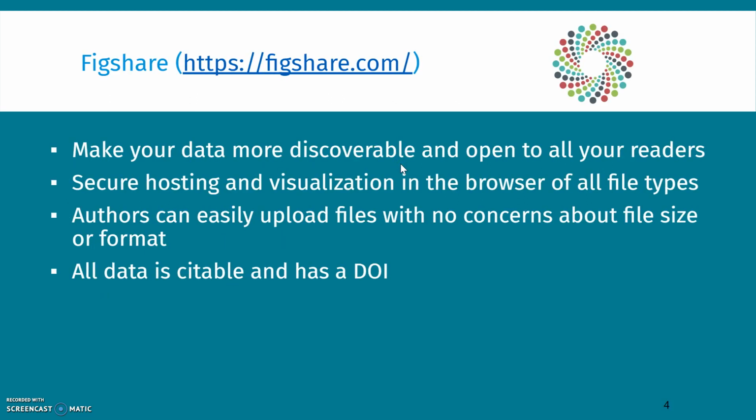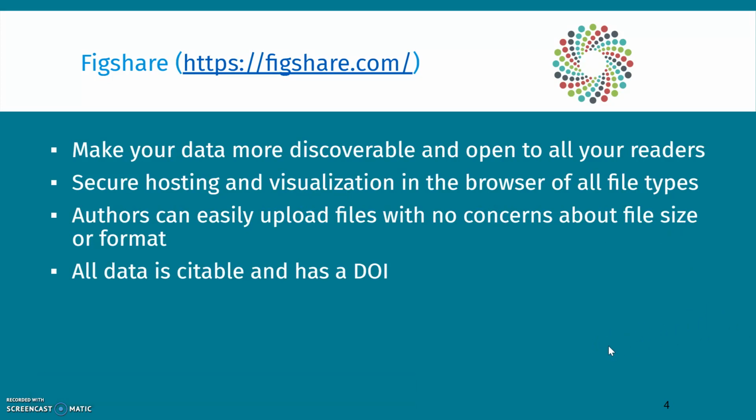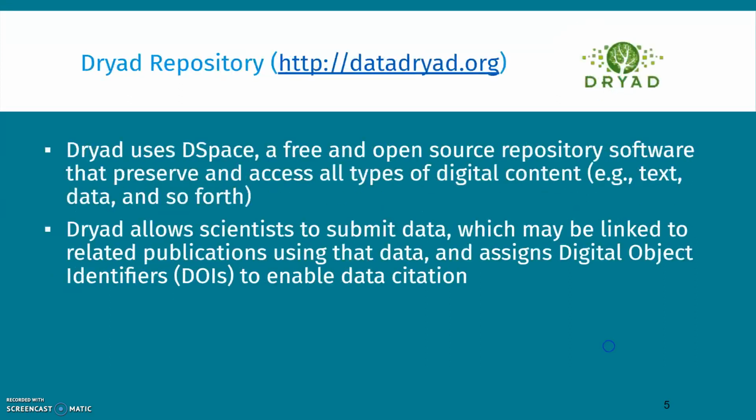Here's one example of a repository, one that is definitely trusted. Figshare makes your data more discoverable and open to all readers. It offers secure hosting and visualization in the browser of all file types. Authors can easily upload files with no concerns about file size or format, and all data becomes citable as it creates a DOI.